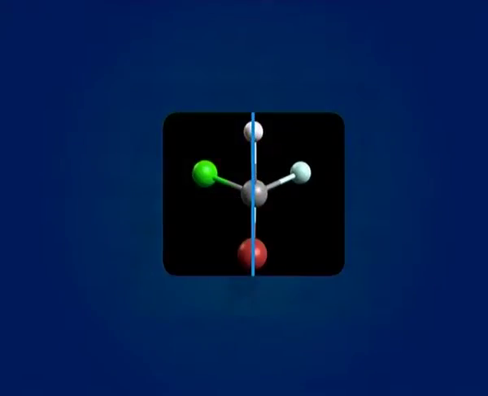Let's try approaching this problem using the symmetry method. If we take the original molecule and draw an axis or plane of symmetry, this is what we get. Since the left side is not identical to the right, this molecule does not have a plane of symmetry and thus can be called chiral.